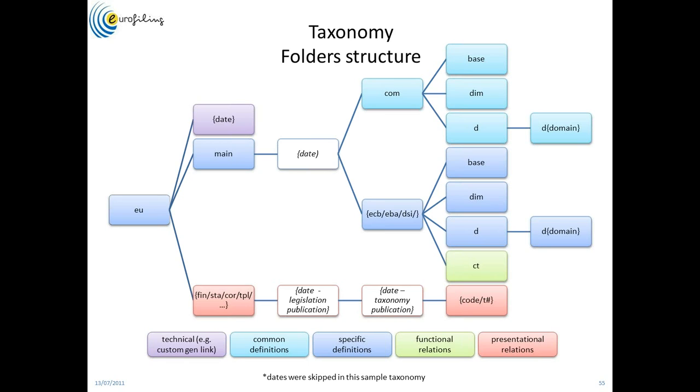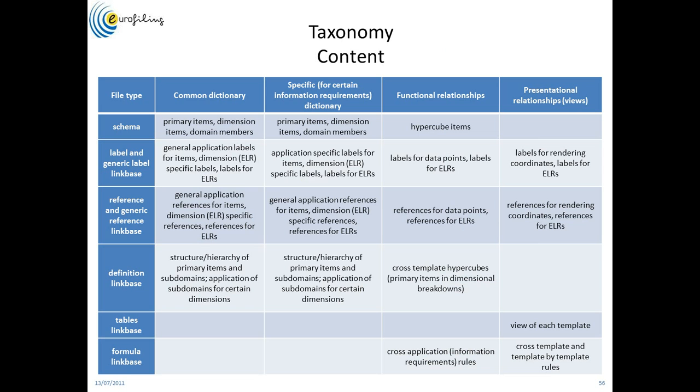And there are separate folders that are related only to FINREP, only to CoreApp, or only to statistics. So we try to keep separate what is really separate, but what goes together is defined in the same place. Therefore, we have a common dictionary and we have specific dictionary for a certain application. Then there are functional relationships where we have the hypercubes, and the presentational relationships where we have the rendering.